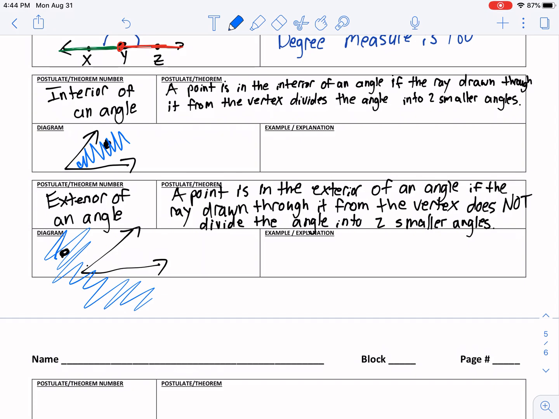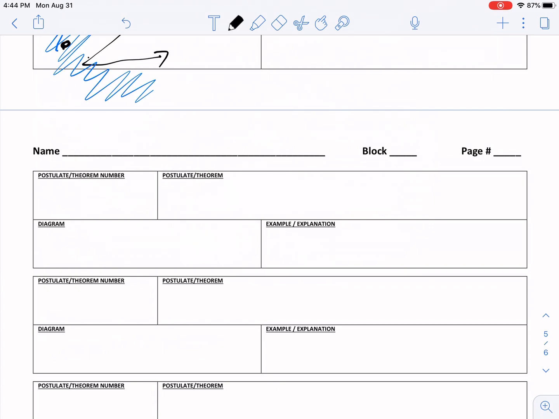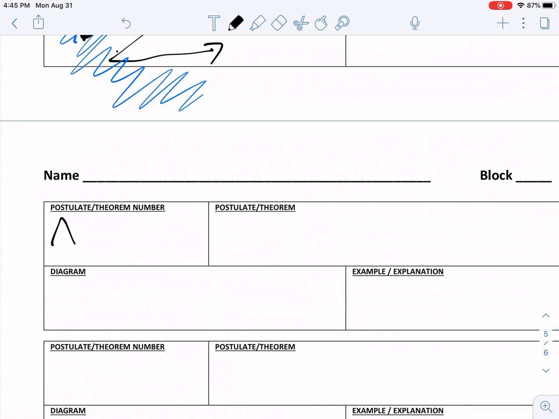Now, the last thing that we're going to talk about is the angle addition postulate.